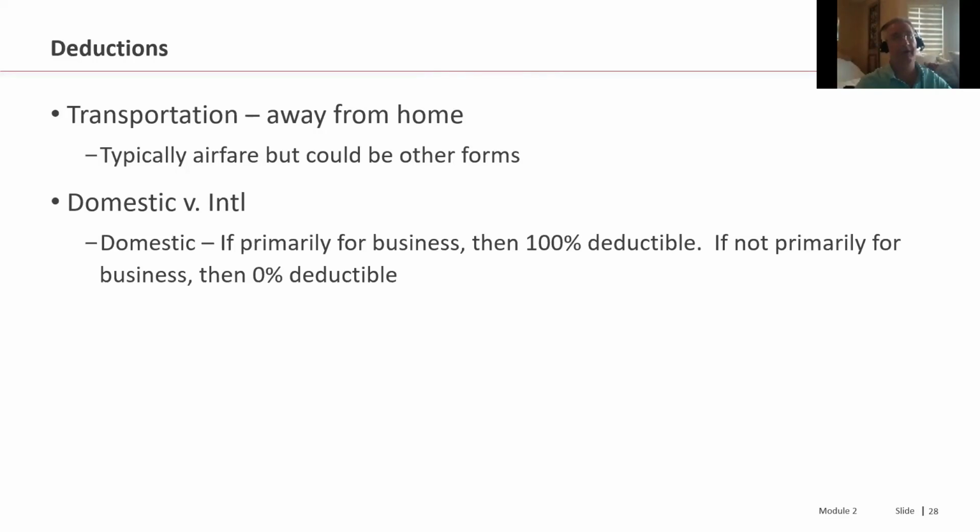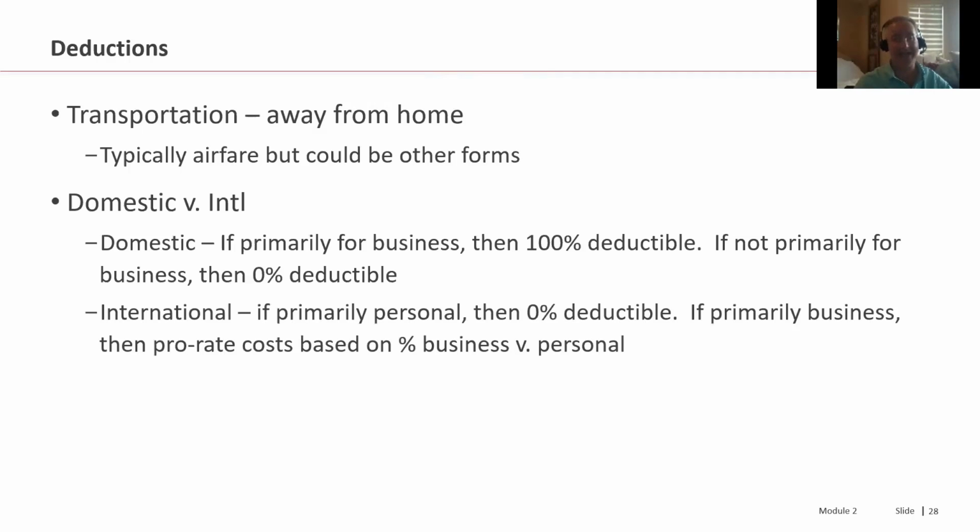So if I go on a trip for 7 days and I spend 5 days conducting business, but then I take the weekend and I sightsee and do some other things, that's primarily for business. It's more than 50% for business. It will be 100% deductible. If I flip that on its head and say, well, I spent 5 days sightseeing and 2 days on business, that's less than 50% business. As a result, 0% deductible.